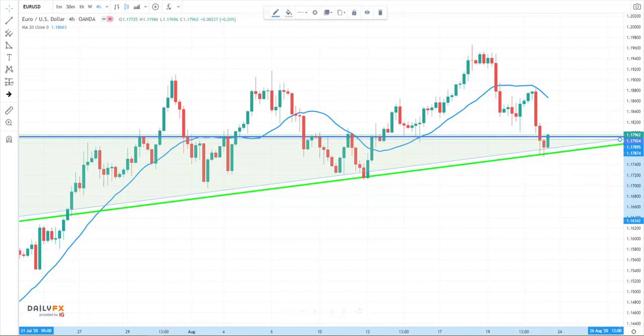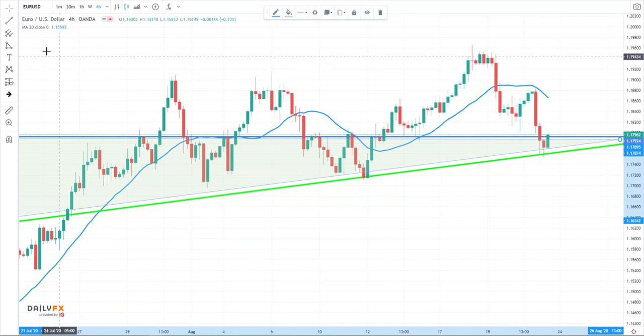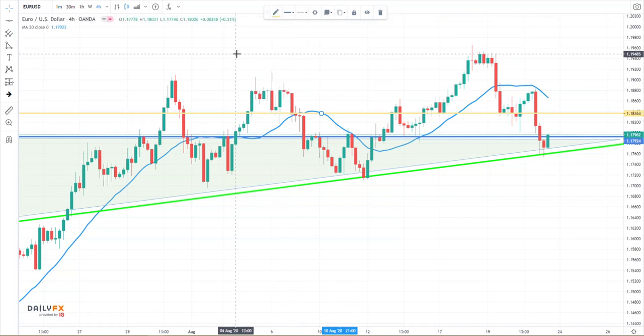Since we got our 4-hour, let's go ahead and apply our pivot points. 1.1839 is our pivot. So that means there's a pretty good chance that price will coast there sometime this week without much assistance needed, buying or selling, kind of drift there as it averages out.